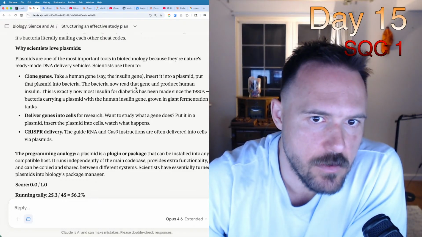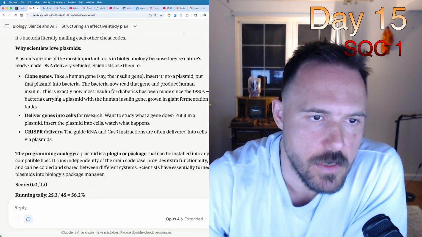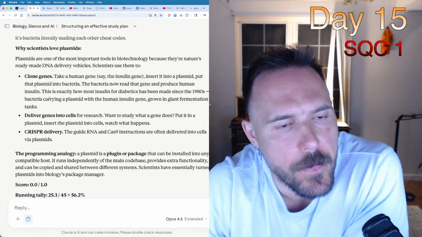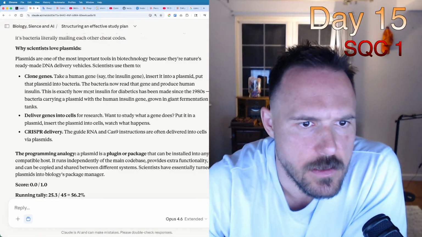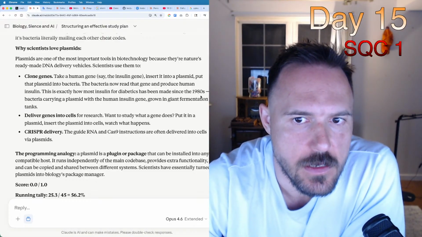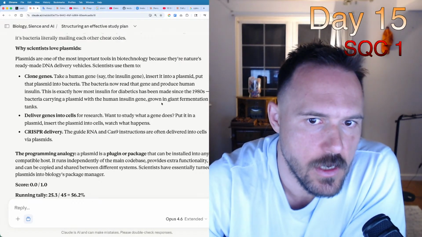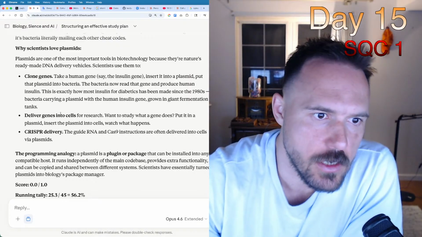The bacteria now reads the gene and produces human insulin. I mean, yeah, but you can transfer them into bacteria only. How can you transfer them into human? Probably not. This is exactly how most insulin for diabetes has been made since the 90s. Bacteria carrying plasmids with the human insulin gene, grown in giant fermentation tanks.